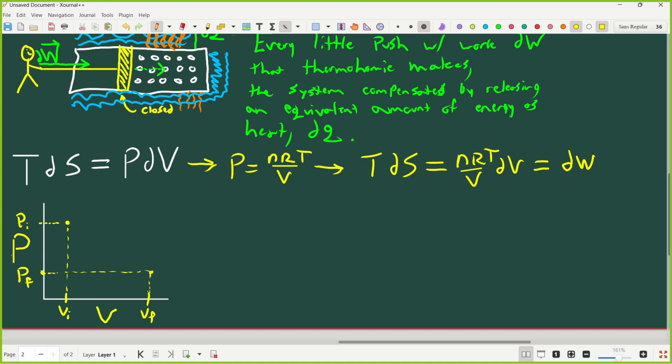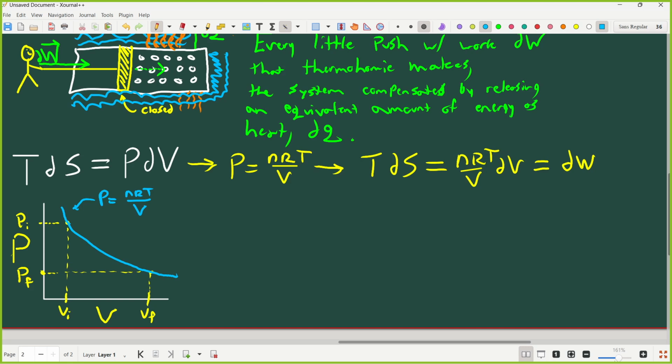The way that we connect this point to this point is through a function that looks like 1 over x, or 1 over V, so it's going to have some curvature to it. Something like this. And so this function is P equals nRT over V.